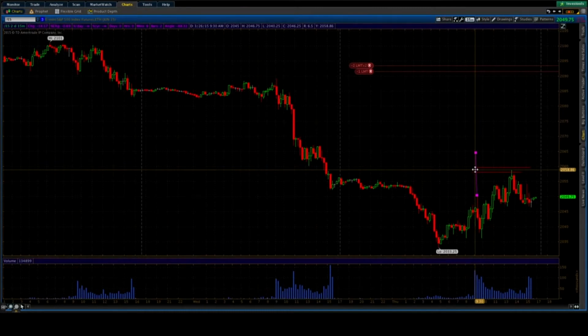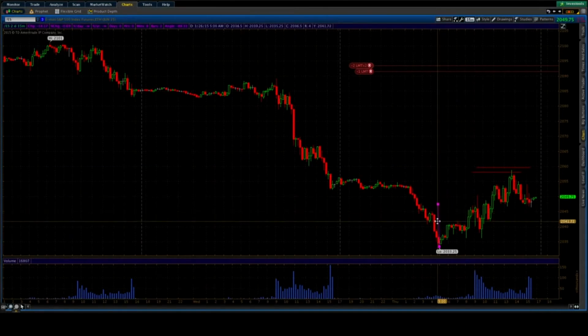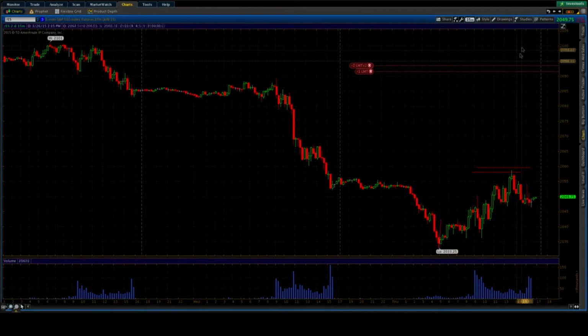How far can the price action go? Well, we can do that here, or I think is this one here. I'm not entirely sure here. We'll see.